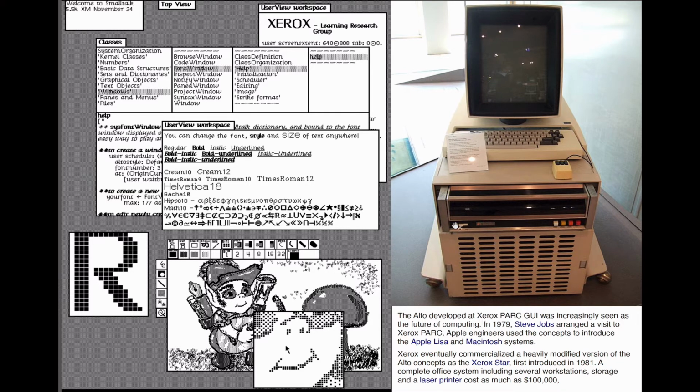Xerox eventually did try to commercialize this technology quite a bit later, but they went for the business market that they were accustomed to and were selling large office systems with multiple workstations, storage, laser printers for something around $100,000, and that never really caught on.